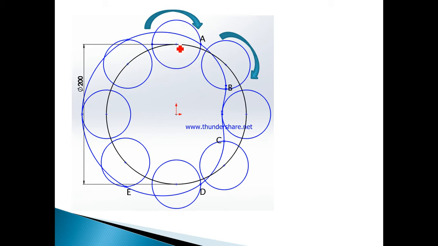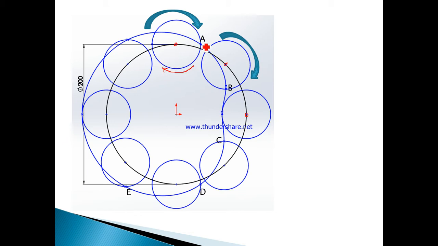The center is moving, means first the center is here, then the center is here and here, like that. The center of this small blue color circle is moving like that, as well as the blue color circle itself rotating.